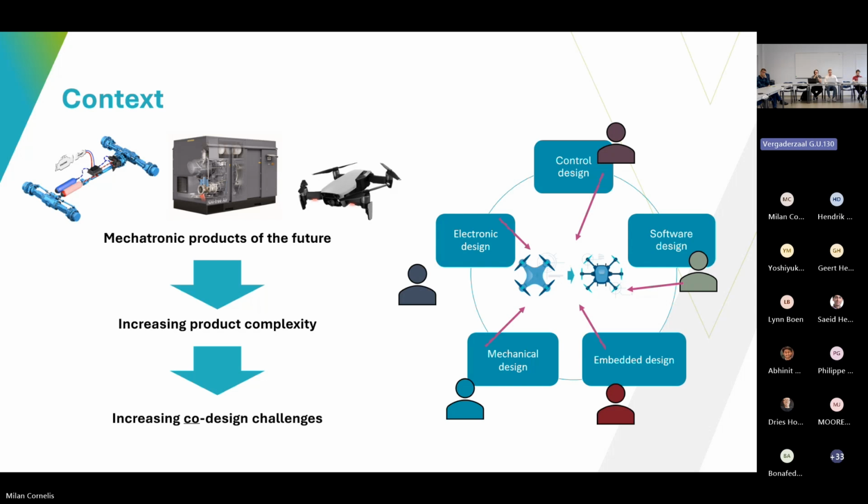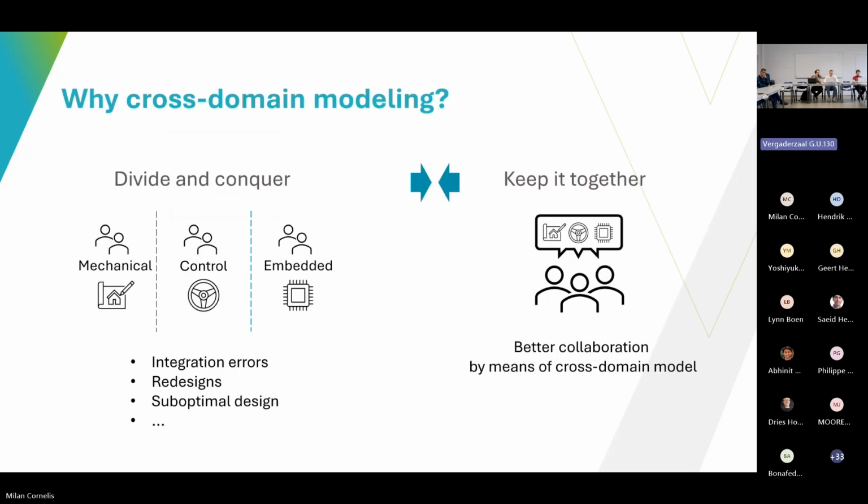Because of this increasing complexity, we need more specialized engineering disciplines that all work together in order to obtain the full system. What we typically see is that these specialized engineering disciplines or teams work in different companies, other countries, and so forth.